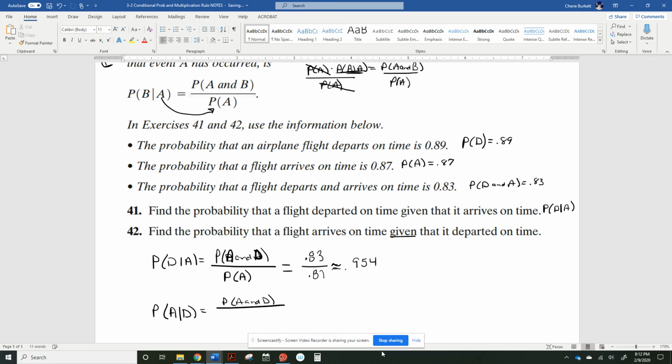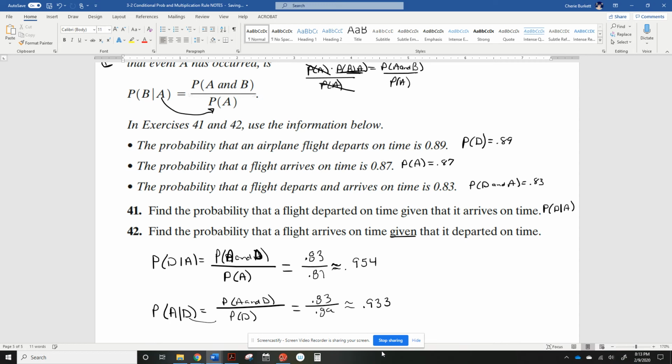Given, though, the given goes on bottom, the probability that it departed on time. That's the same way we saw when we did the table. And this one is, again, 0.83 goes on top and 0.89 goes on bottom.